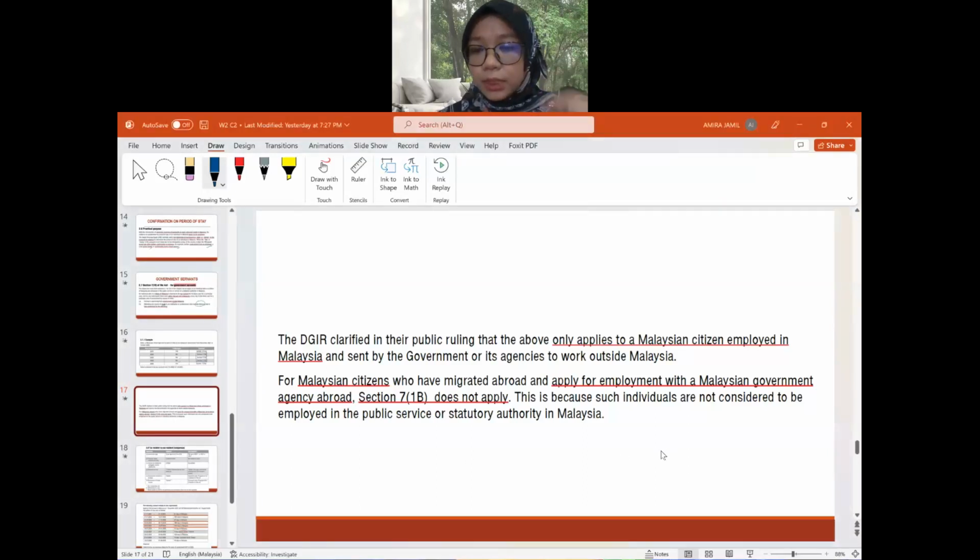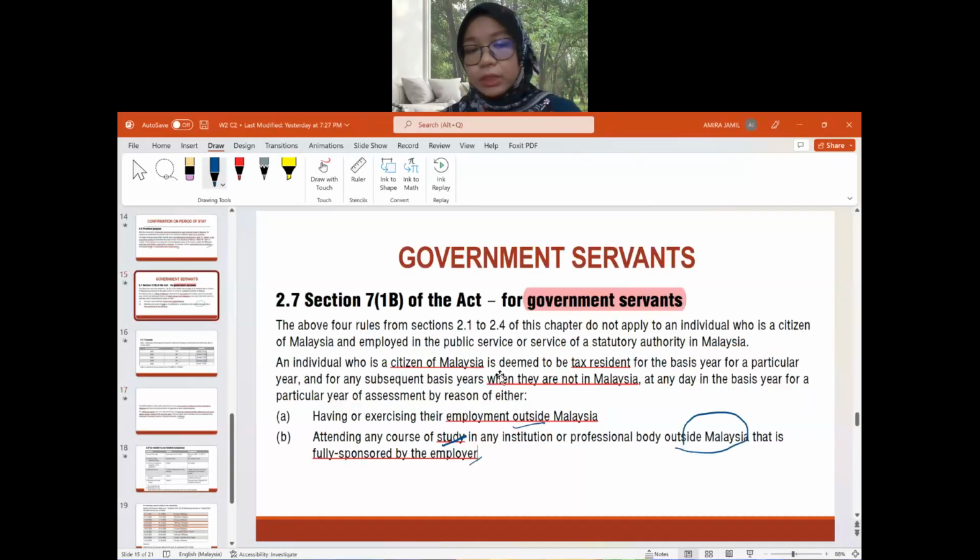This is because such individuals are not considered to be employed in Malaysia. The 7(1)(b) rule is only applied if the individual is a government servant still in Malaysia.